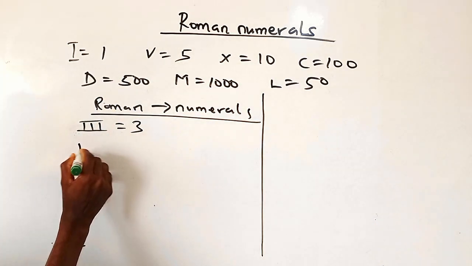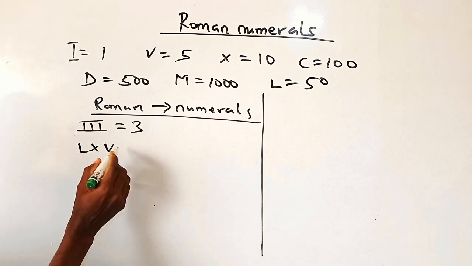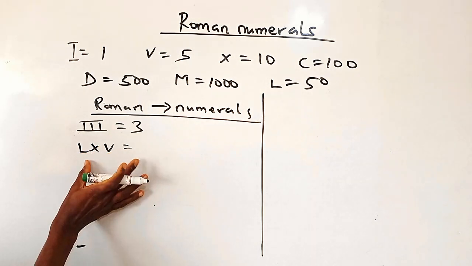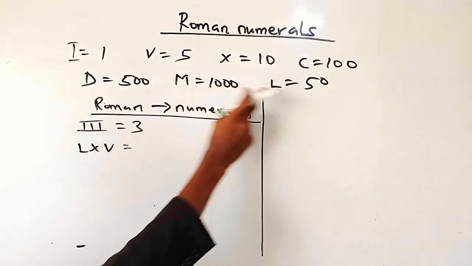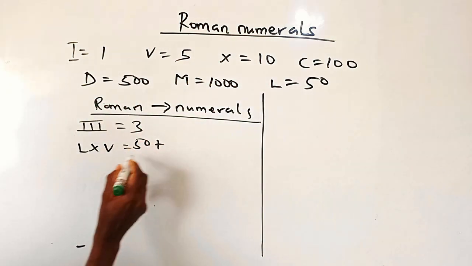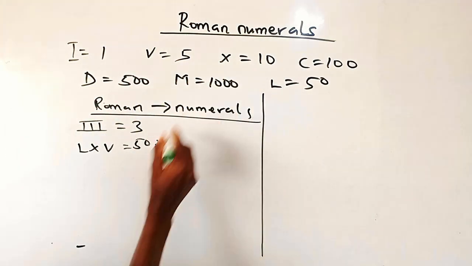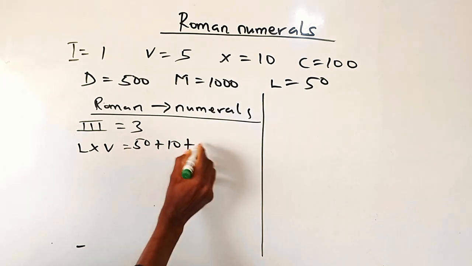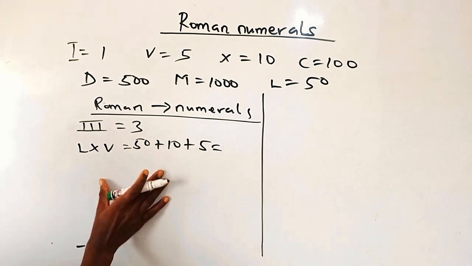If I have LXV, when we look at this, we can separate it. L represents 50, plus X stands for 10, and V stands for 5. So why are you adding?